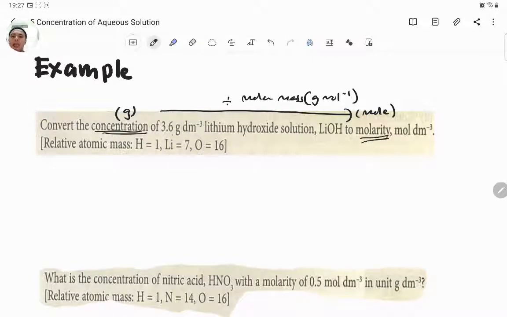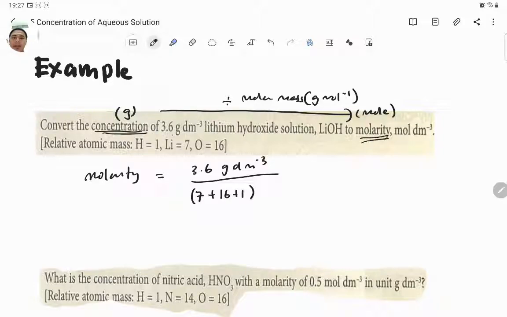Alright. So kita pun masuk molarity equal to 3.6 gram dm3 divide with 7 plus 16 plus 1 gram mole -1. So apa yang kita boleh cancel?